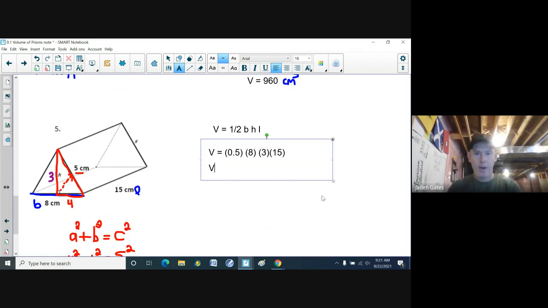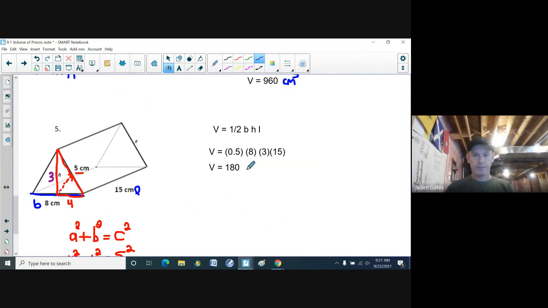All right, so now I pop it into my calculator here. I've got 0.5 times 8 times 3 and then times 15. I get 180.